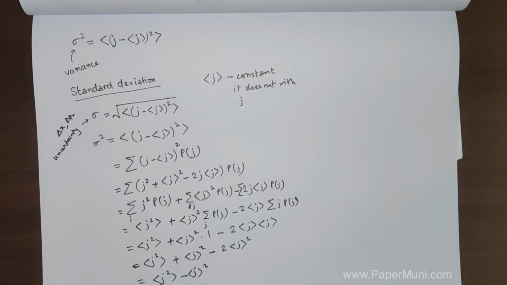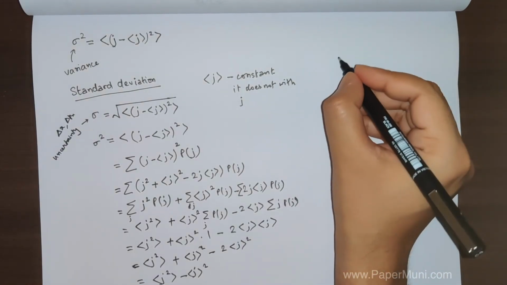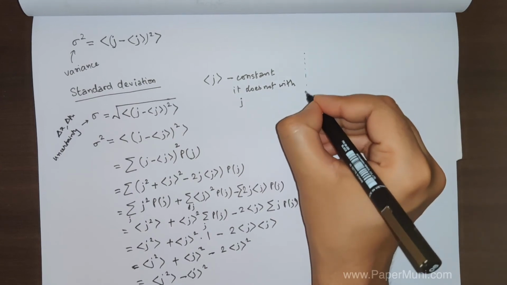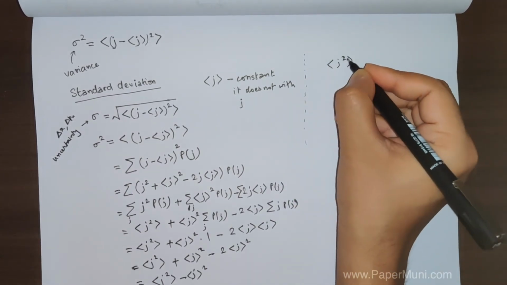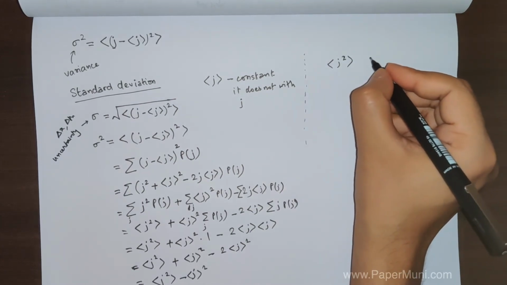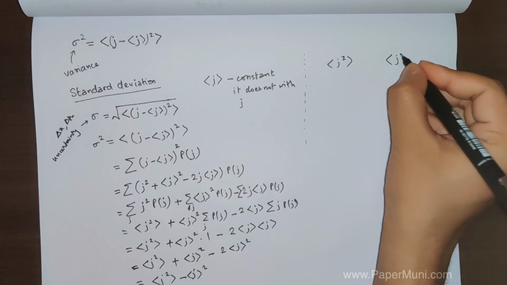Now remember, these two are different quantities. Let's draw a dotted line. These two are never equal. This is different from this quantity.